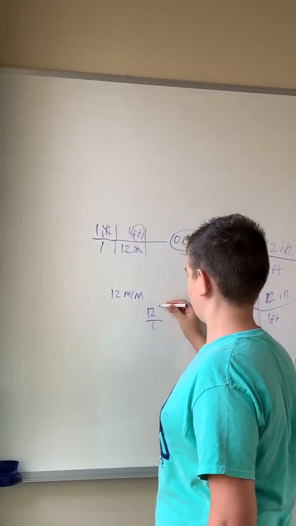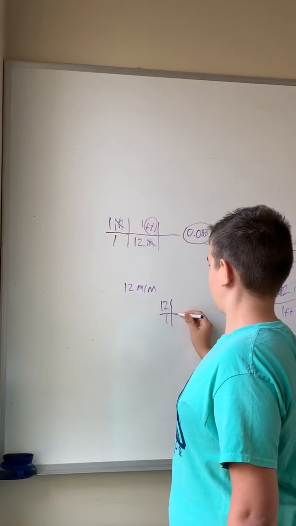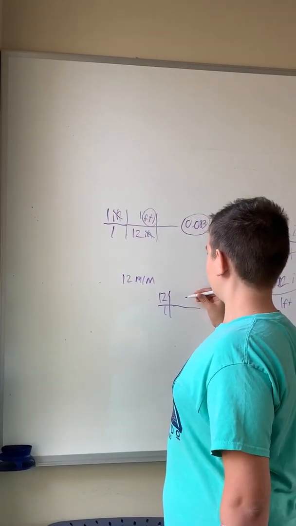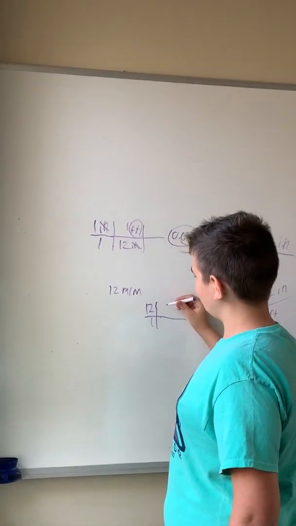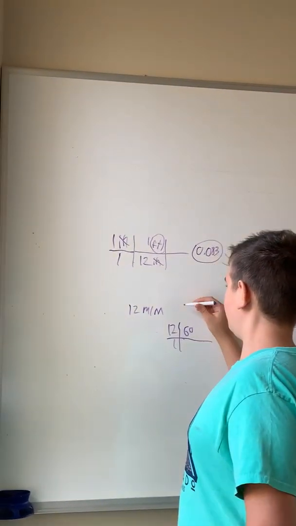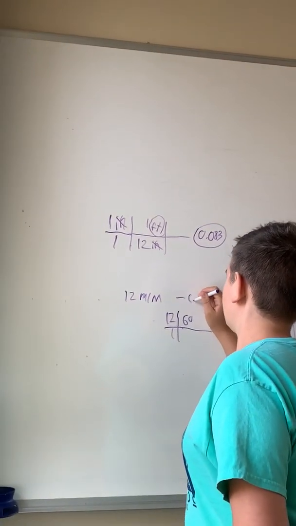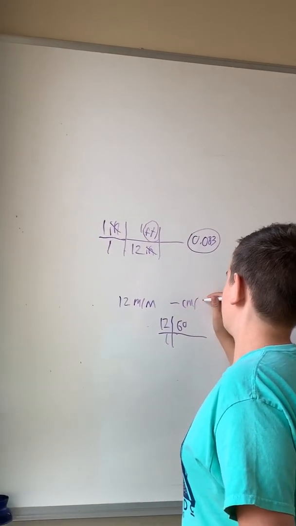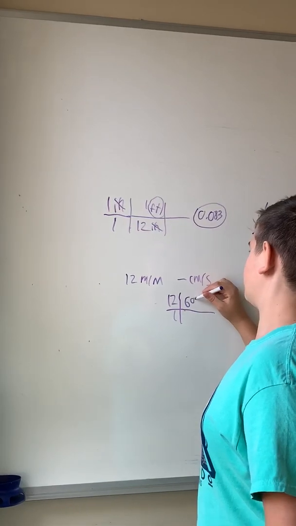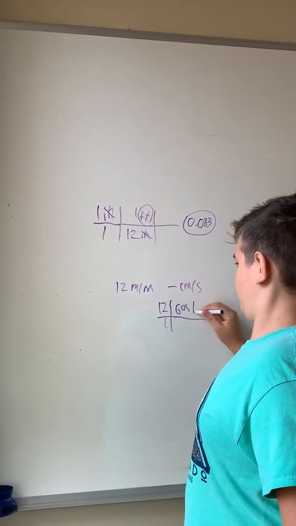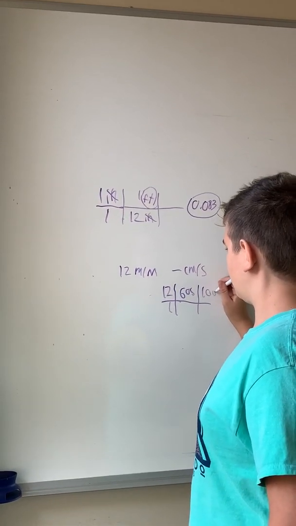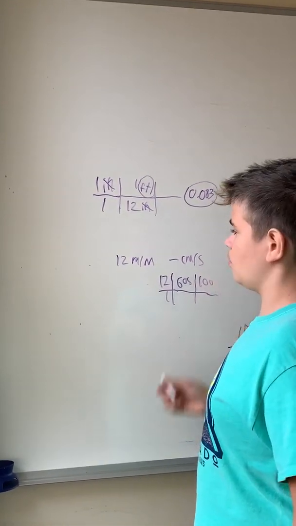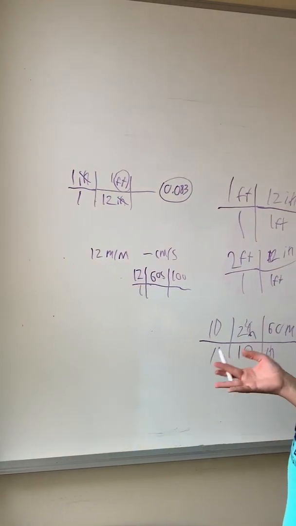Then you're going to centimeters per second. You have 100 centimeters in 1 meter and 60 seconds in a minute.